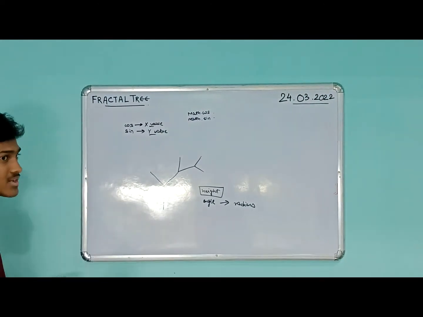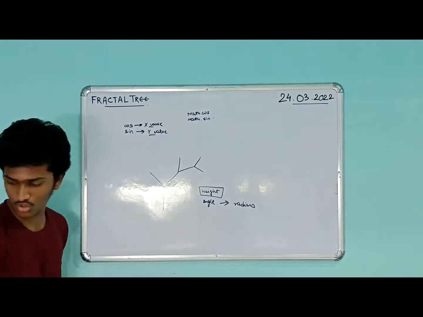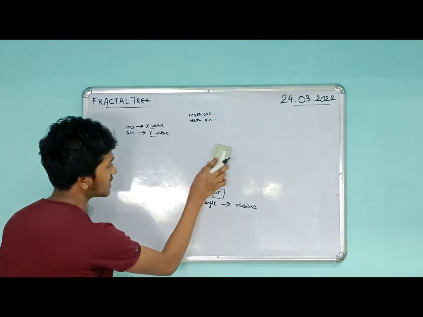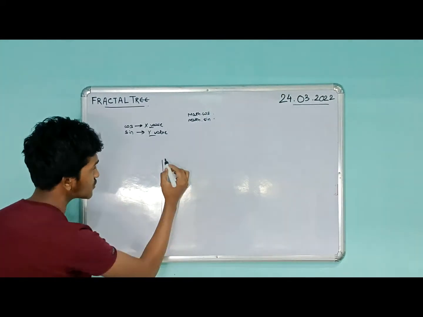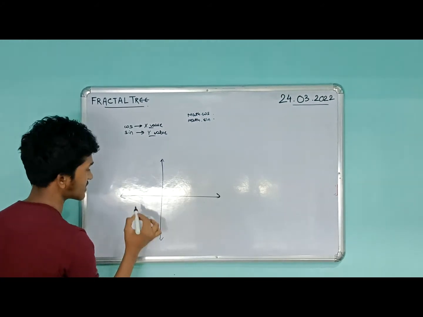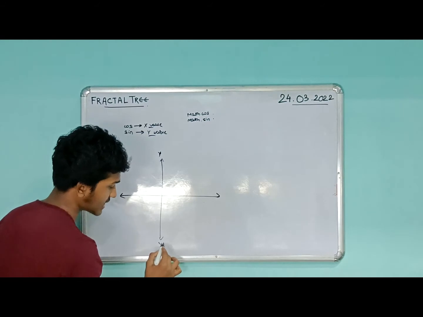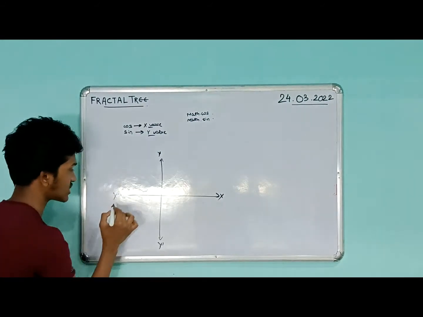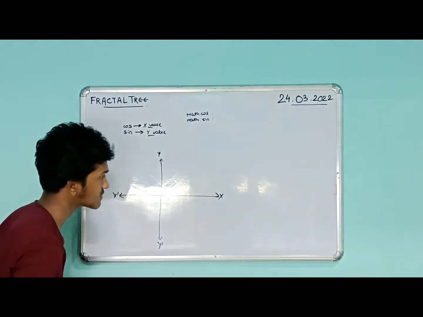If you ask why specifically cos and sine, let me show you with an illustration. Let's say I have a 2D graph like this. This is the y-axis, this is the x-axis. Let me label them Y, Y dash, X and X dash. Let's say we have a point P somewhere here.